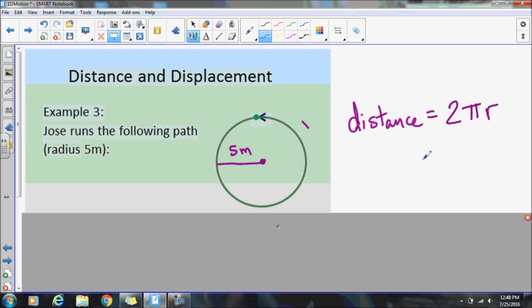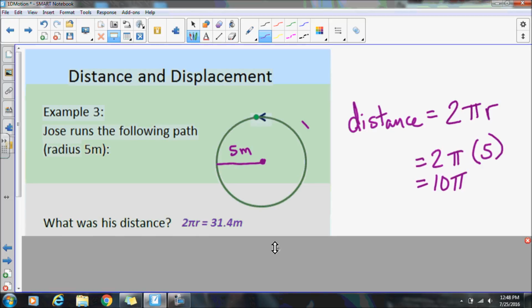So for distance, 2 pi r is going to be 2 times pi times r, which is 5. So 2 times 5 is 10 times pi. And so if we were to put in 3.14 for pi, 10 times 3.14 gives us 31.4 meters.